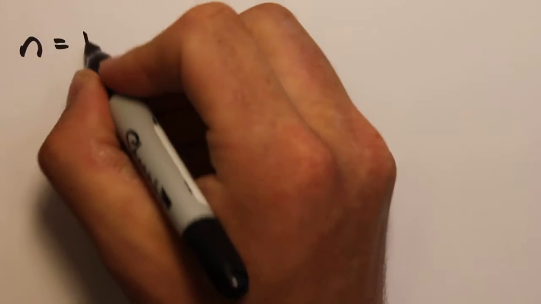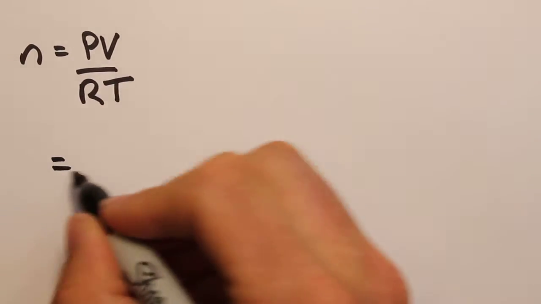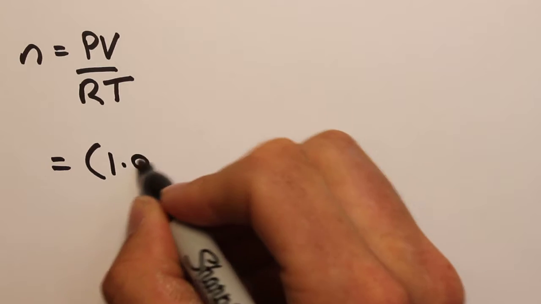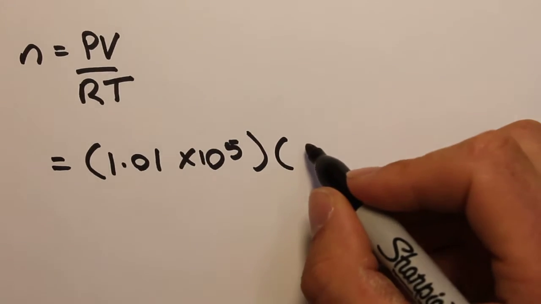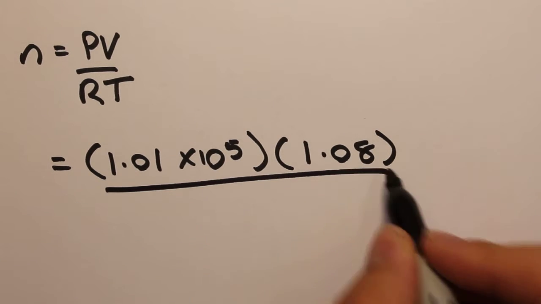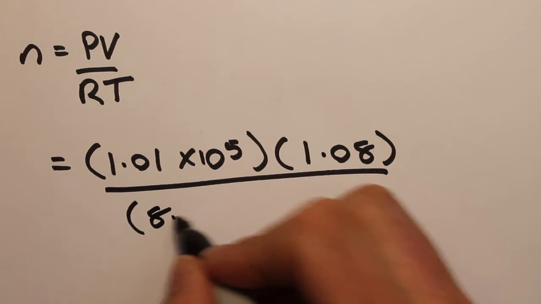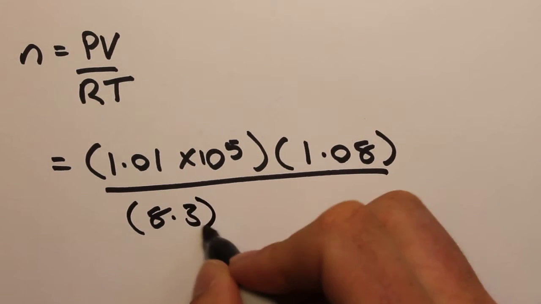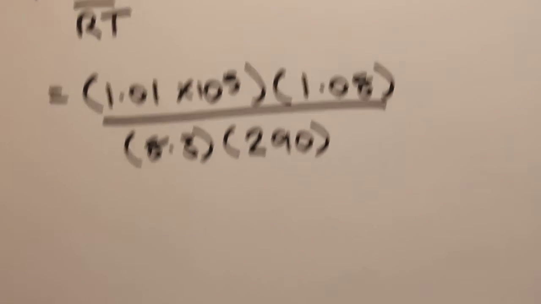So n is equal to PV over RT. Now our pressure was 1.01 by 10 to the 5 pascals. Our volume 1.08 meters cubed. R is our ideal gas constant, that is still 8.3, and our temperature is 290 Kelvin.